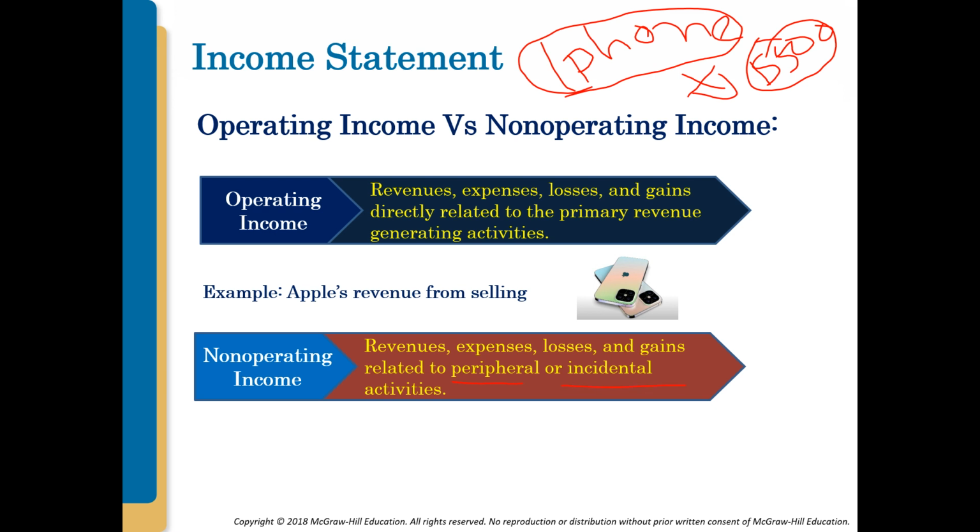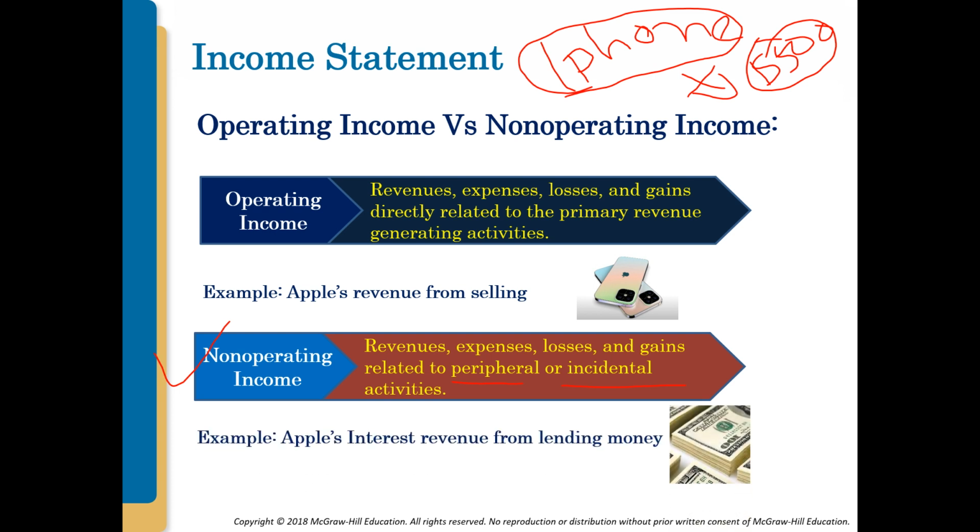Peripheral or incidental means sudden. This is not the regular income generating activity of the company. So that is called non-operating income. So Apple's interest revenue from lending money is an example of non-operating income.